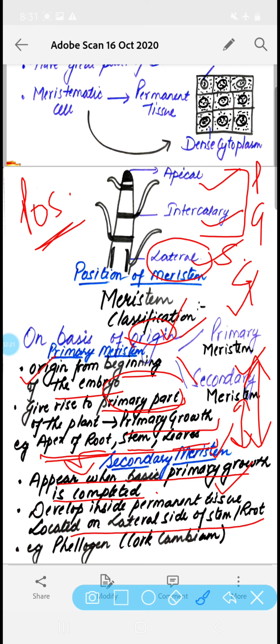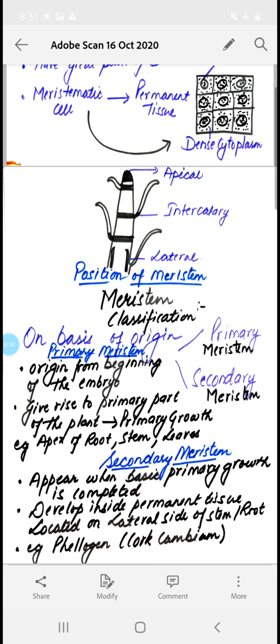ओके, अब ये जो लेटरल साइड पे प्रेजेंट है ये प्लांट की गर्थ बढ़ाता है. ओके, तो that is the secondary growth, that is termed as the secondary growth, that is increase in the girth. तो अब I hope कि आपको पता लग गया है what is the primary growth and what is the secondary growth.